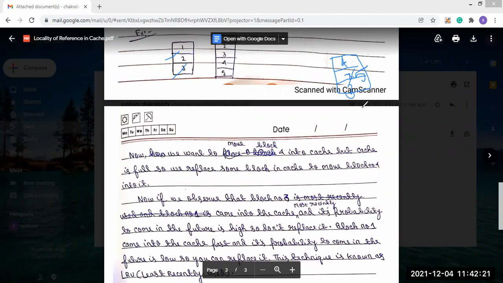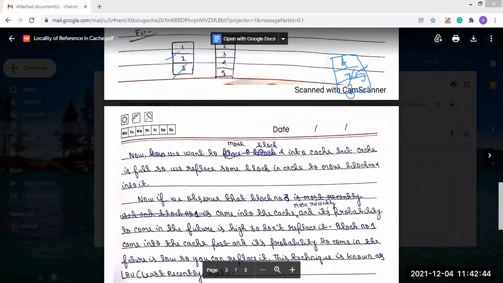So we have to check which block in the cache came very far in the past, and then we have to replace that block to accommodate the block we want.